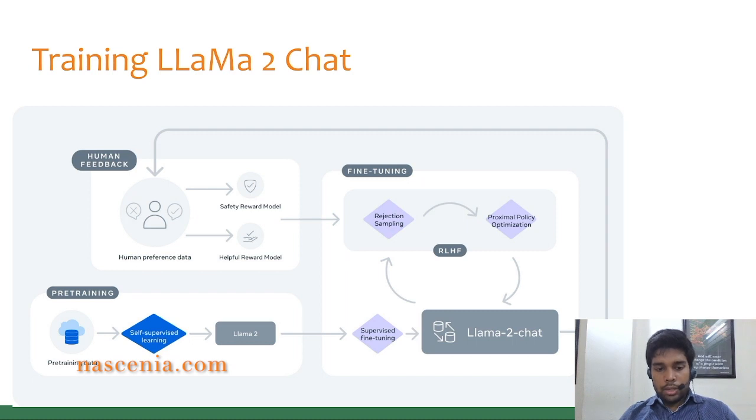So pre-trained data is used, and then this model is fine-tuned by using reinforcement learning from human feedback, and then this human feedback is again fed into the model, so the model improves on itself.